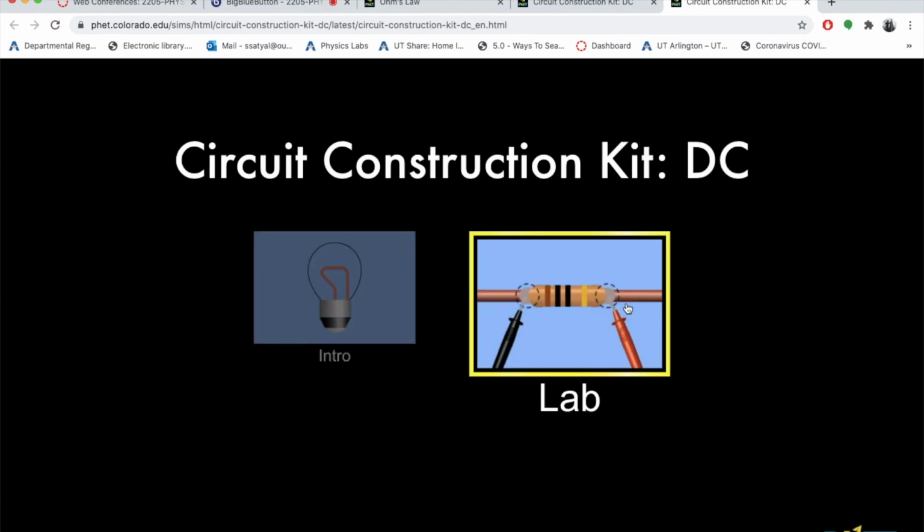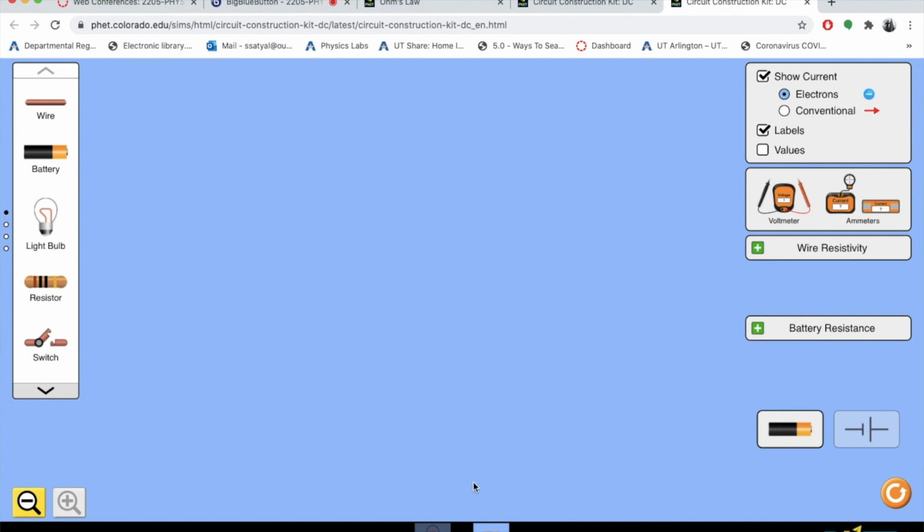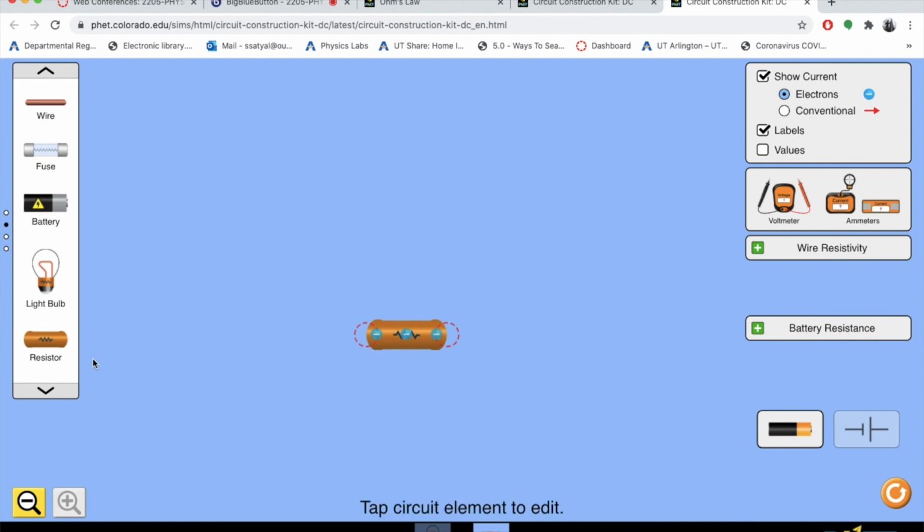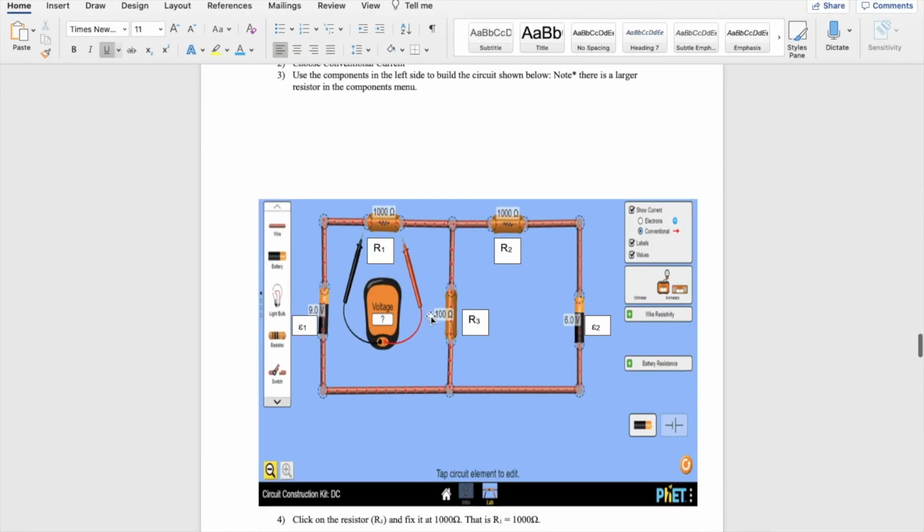pick this lab section. Here you'll find high resistance resistor, and as usual there are other elements like batteries and wires. You can connect it as it asks for you in the diagram here.